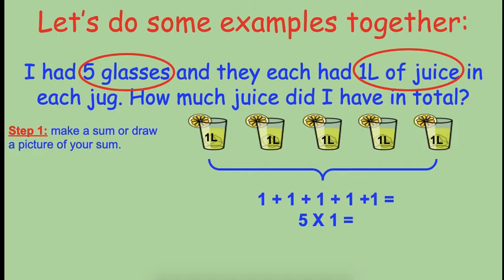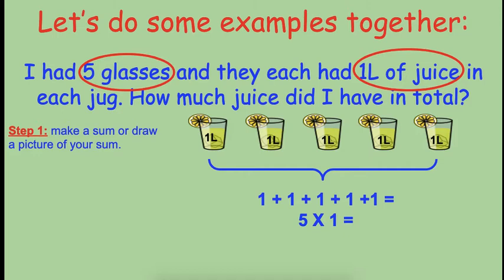It's the same sum, but it's just quicker to use the timesing instead of keep adding numbers. So drawing your picture will show you that it's multiplication, because I have my glasses, and what is inside those glasses is what we're working out. So it tells us that it is groups of liters. Okay, the glasses are our groups and inside is our liters.